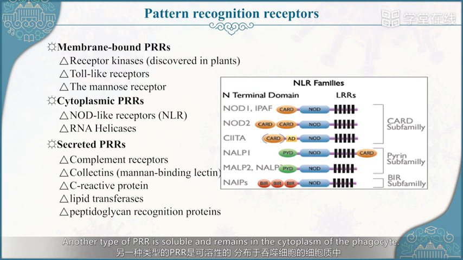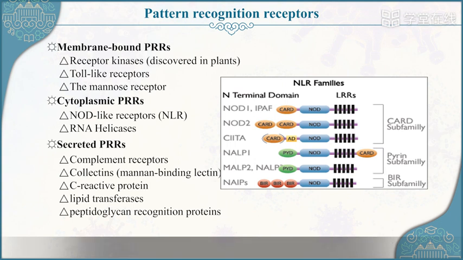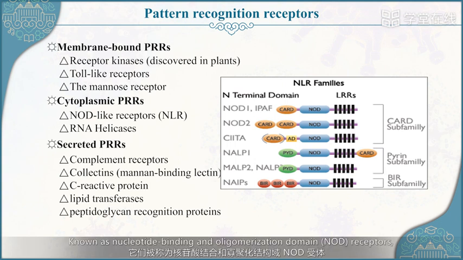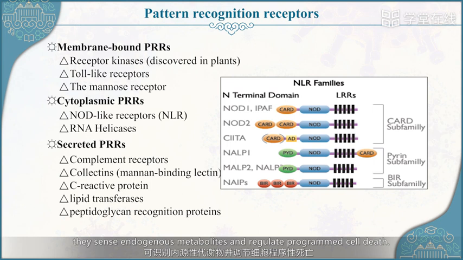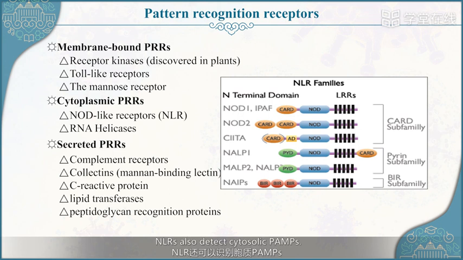Another type of PRR is soluble and remains in the cytoplasm of the phagocytes, known as nucleotide-binding oligomerization domain receptors. These sense endogenous metabolites and regulate programmed cell death. NLRs also detect cytosolic PMPs.